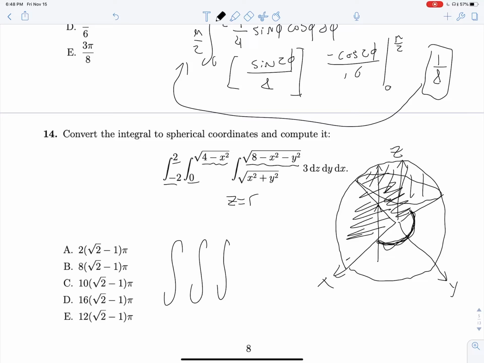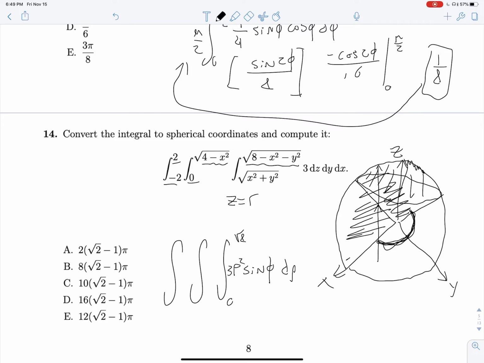But now that we know that we're dealing with this snow cone, we can set up our integral, and our integrand is just going to be 3 rho squared sine phi d rho. Rho is going to run from what to what? Well, we know that we're bounded up here by radius of root 8, so we need to run from 0 to root 8.